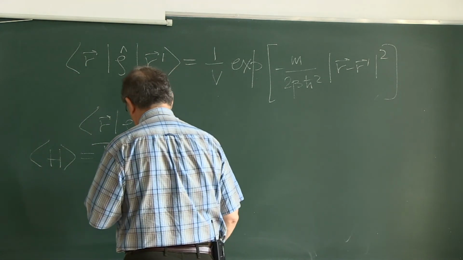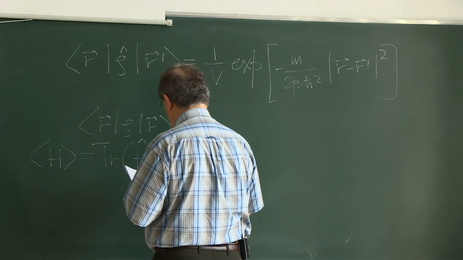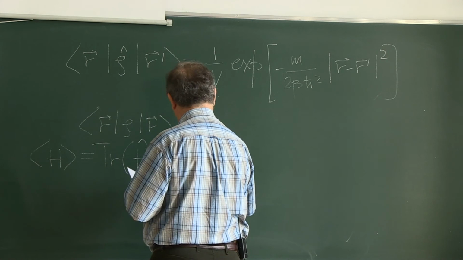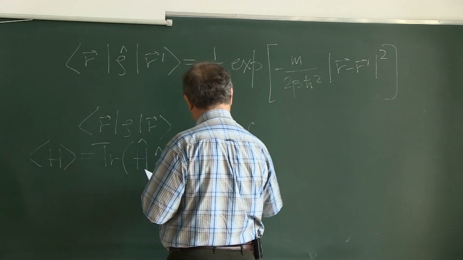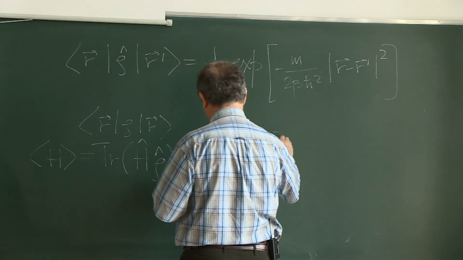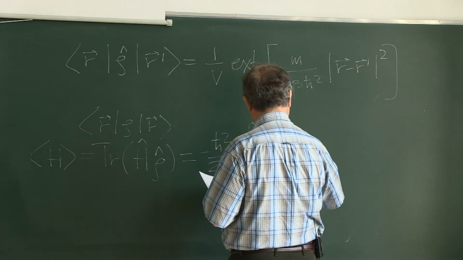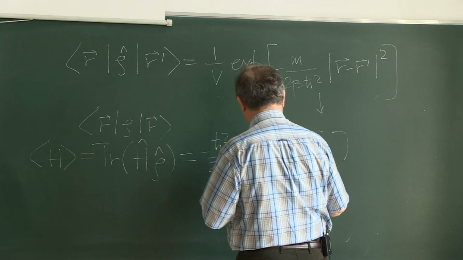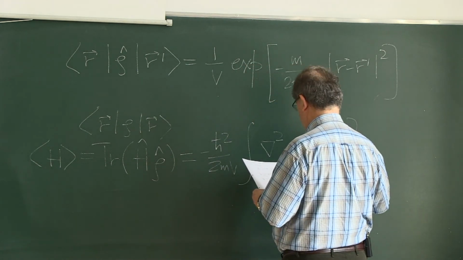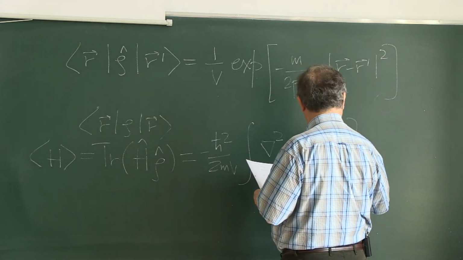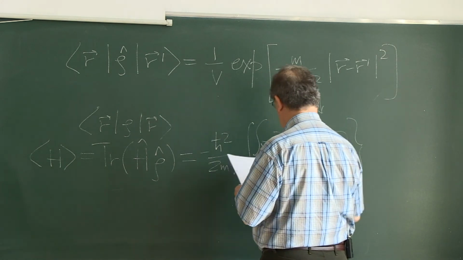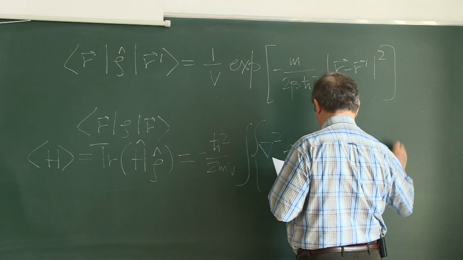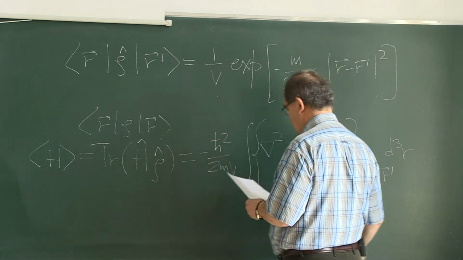I'm not going to bother, but it is minus h bar squared over 2mV integral del squared of the exponential written above, this del squared at r equals r prime, d cube r.